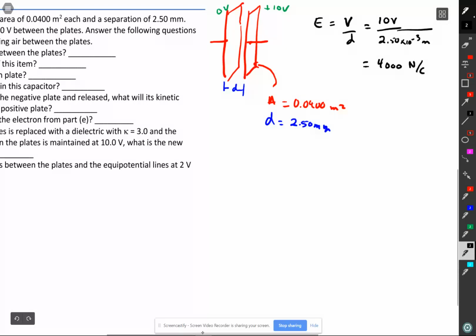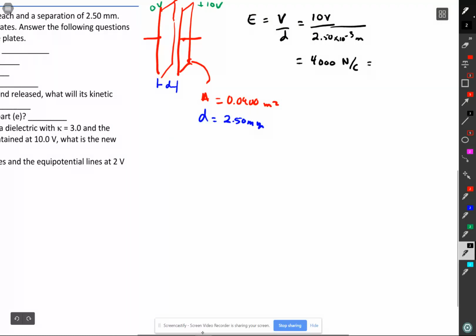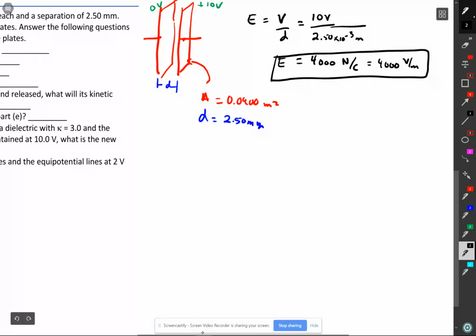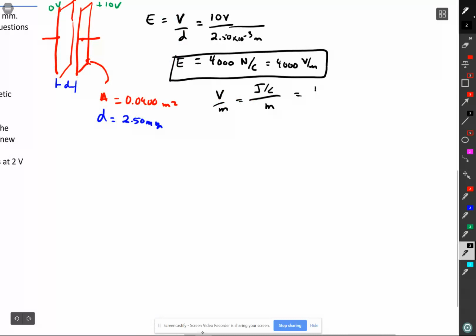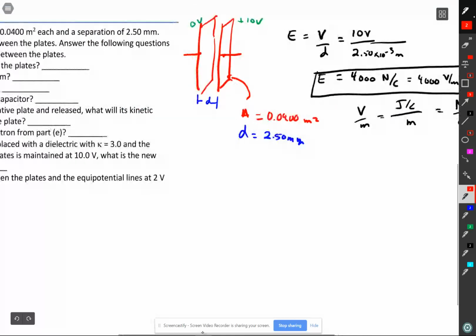Now notice, it's a volt per meter. 4,000 volts per meter is the same as 4,000 newtons per coulomb because volts are joules per coulomb, so a volt per meter is a joule per coulomb per meter, but a joule is a Newton meter. So a volt per meter is a Newton meter per coulomb meter. Well, cancel those meters, and you have Newton per coulomb. So that's the electric field.